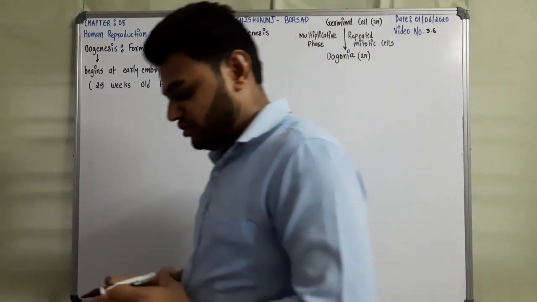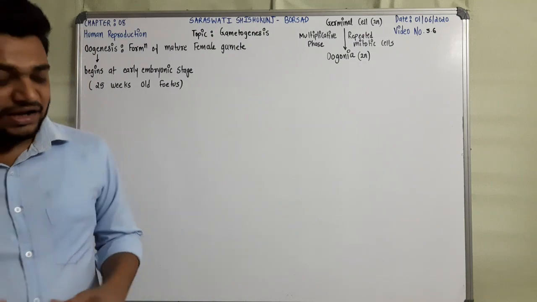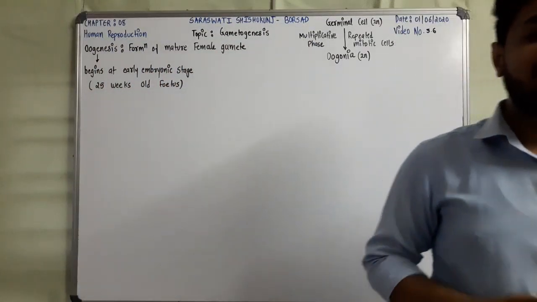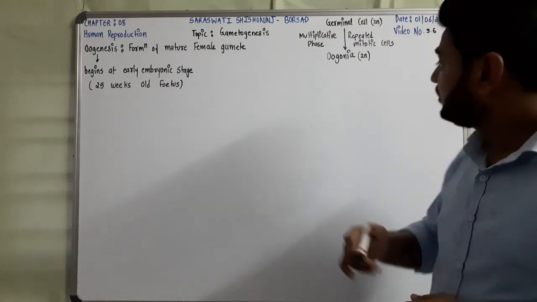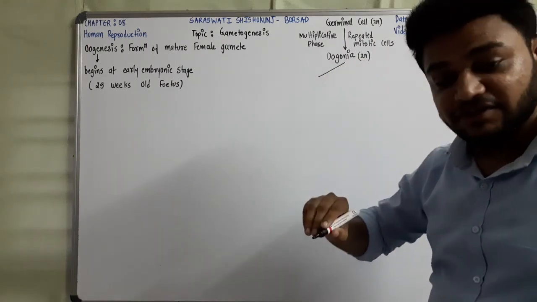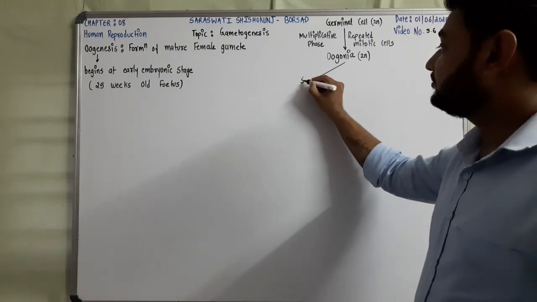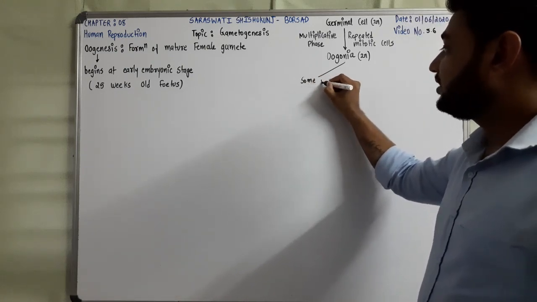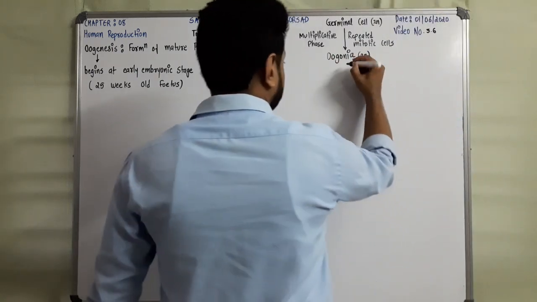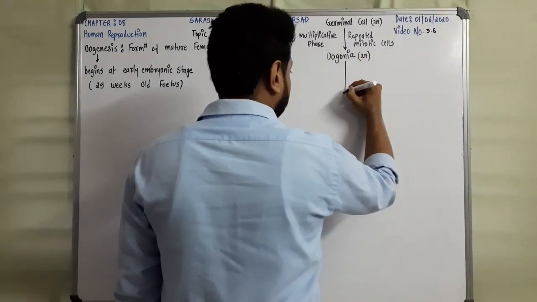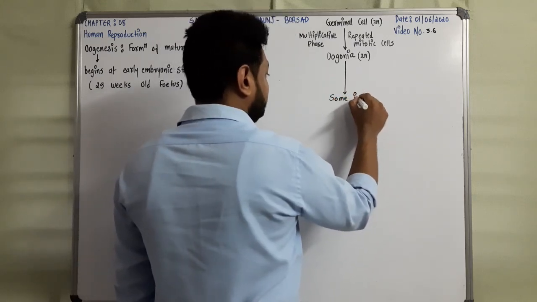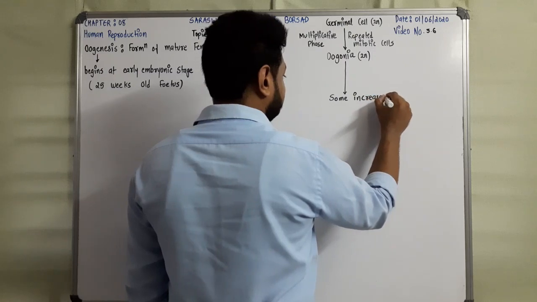Now this oogonia, right? Out of these oogonia, some of the oogonia increase in size. Let's say out of many oogonia, some increase in size.